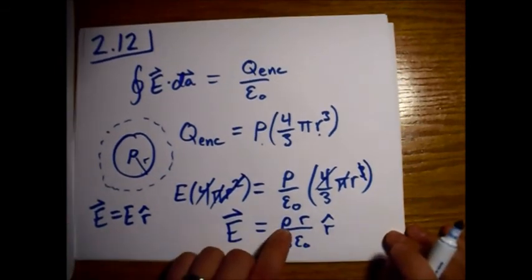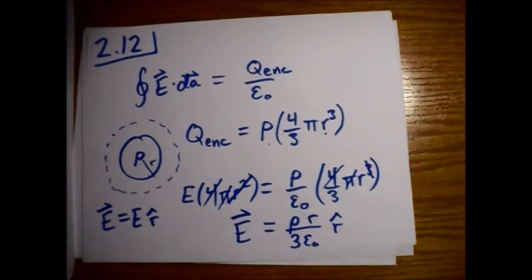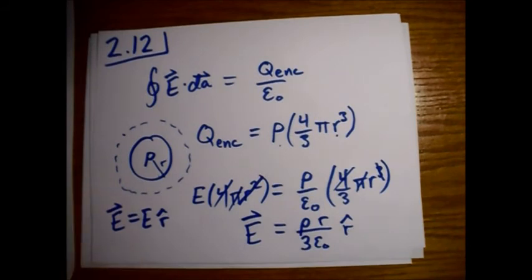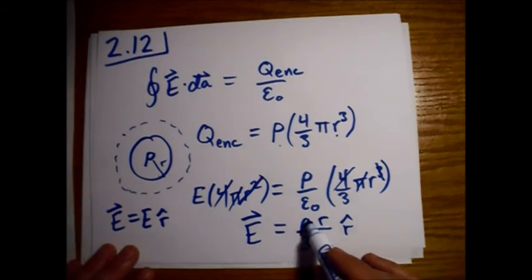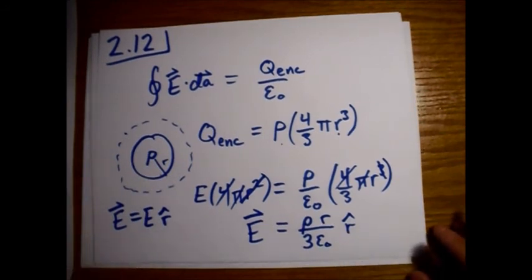If rho is positive, so if it's a positively charged sphere, then we go outwards in the positive radial direction. If rho is negative, then it will point inwards. We get a minus sign inside of this rho, and we get a minus r hat, so everything's pointed inward. Oh yeah, and it says compare your answer to problem 2.8.